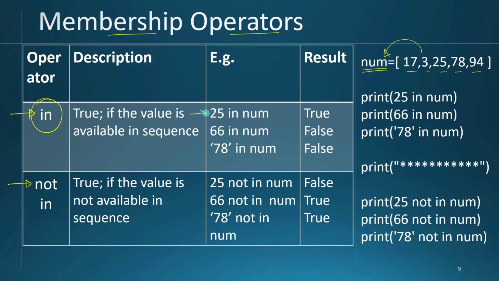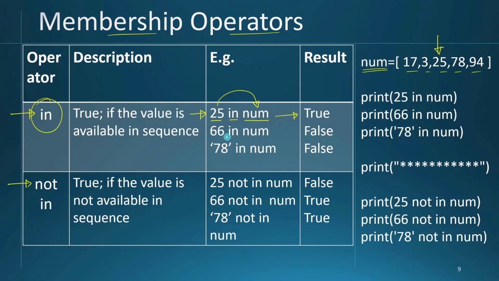In the first statement, I am trying to check whether 25 is in the list called num. The in operator will check whether 25 is available inside the list. Here you can see 25 is available, so this statement will give the result as true because 25 is available inside this list num.